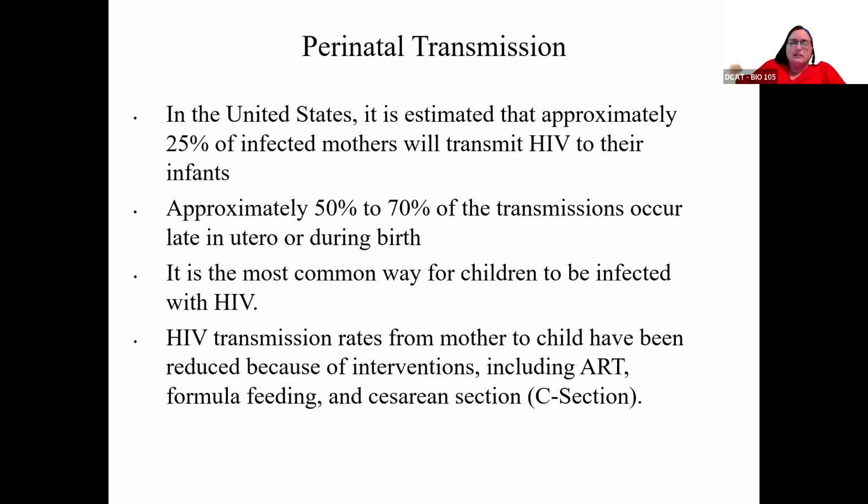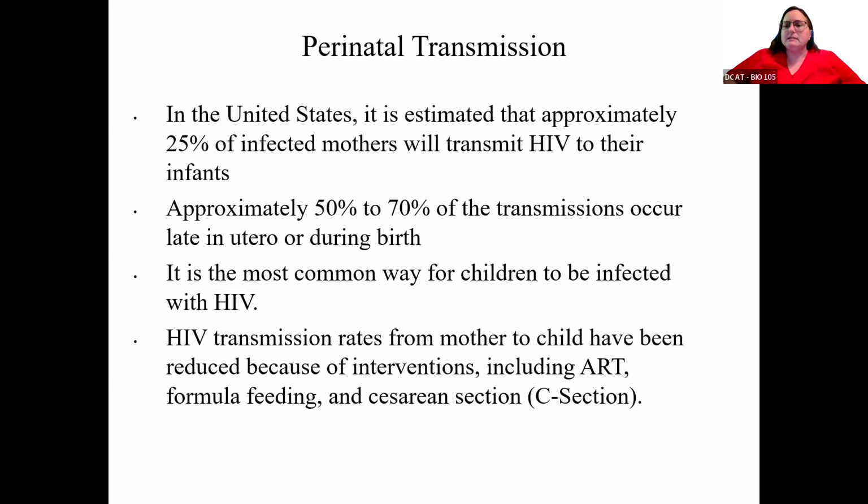HIV transmission rates from mother to child have been reduced because of interventions, including ART therapy, formula feedings, and cesarean sections, or your C-sections. As I talked about in the earlier discussion, if they know that they have HIV, then they're going to do the C-section.